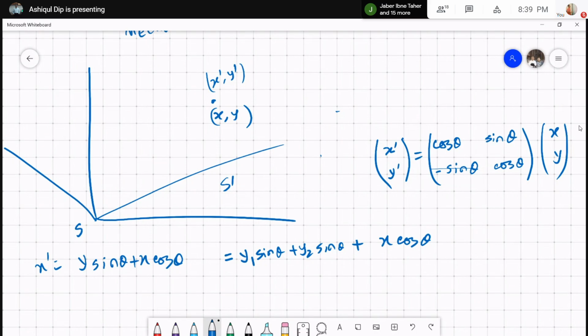Okay, so now in Euclidean geometry, using this Cartesian coordinate, we have an important notion, that is the notion of distance. So already we know that this distance is d, and by Pythagorean triangle, d squared equals x squared plus y squared, right?